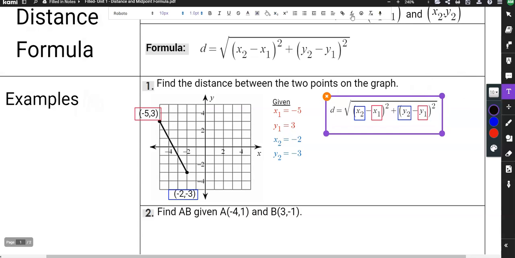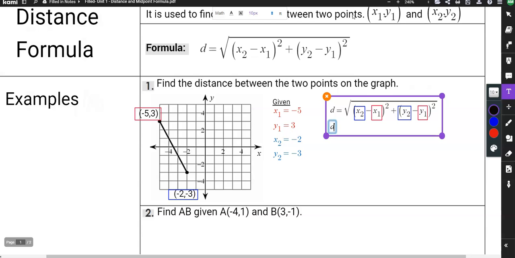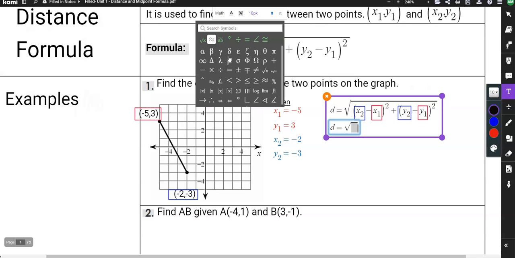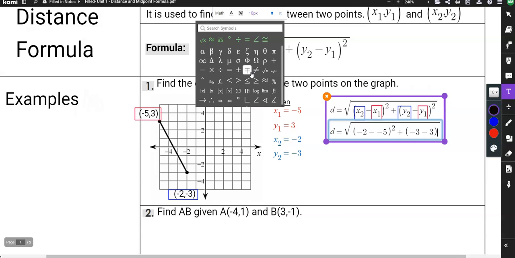So again, we're going to hit our formula tool. We're going to write distance is equal to the square root, and we're going to fill from our list. So x2 is -2 minus -5, and again we're going to square that, and then we're going to add -3 minus 3, and we're going to square that as well.